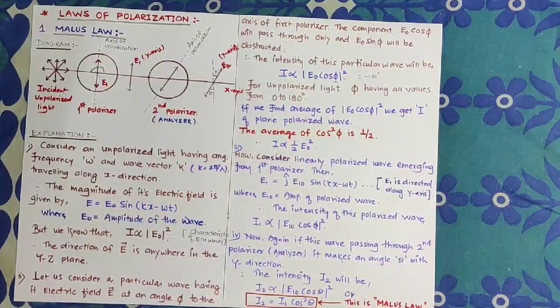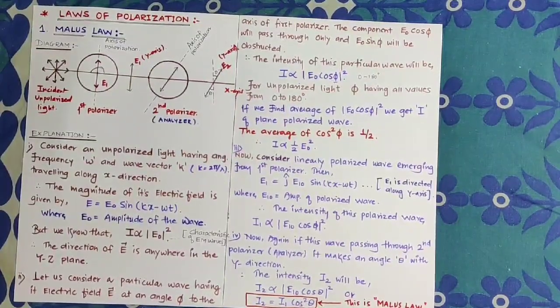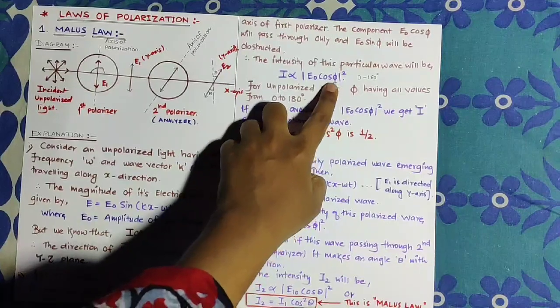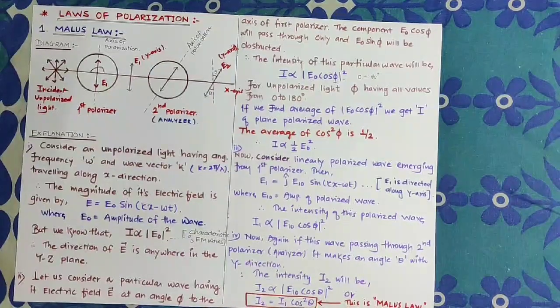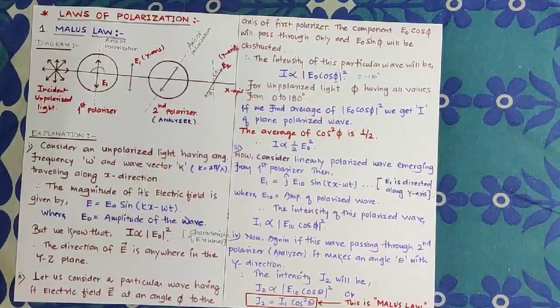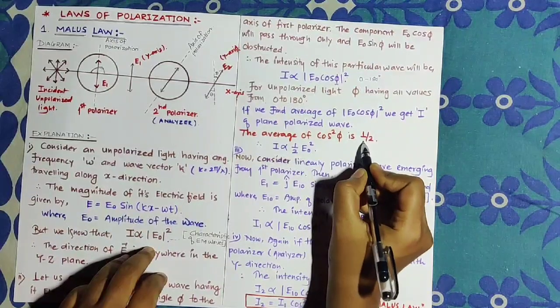But if we have to find the total intensity of the polarized light, then we need to find the average of this (E0 cos phi) square, and the average of cos phi square is nothing but half.